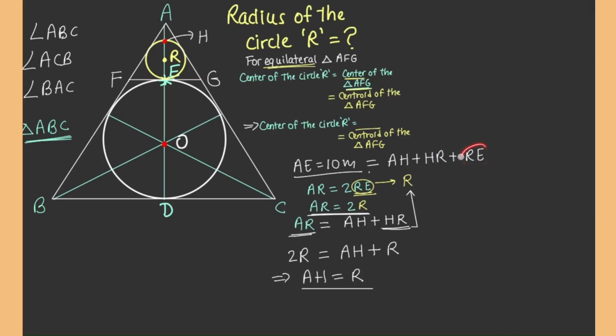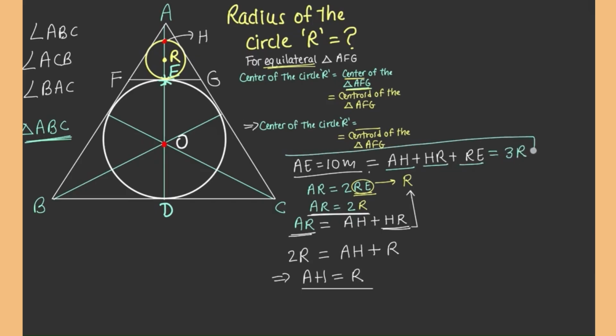RE is equal to the radius of the circle R, HR is also equal to the radius, and AH we just showed is also equal to the radius. So basically, we have radius, radius, radius, which equals 3R.